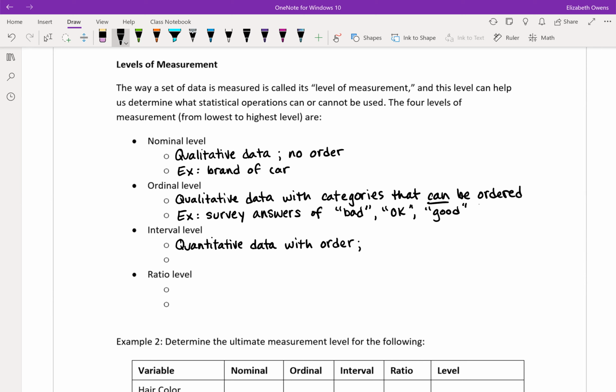And here we can measure differences between data points. Okay, so differences between data points would be subtracting one data value from another. We're looking at the intervals between those data points.